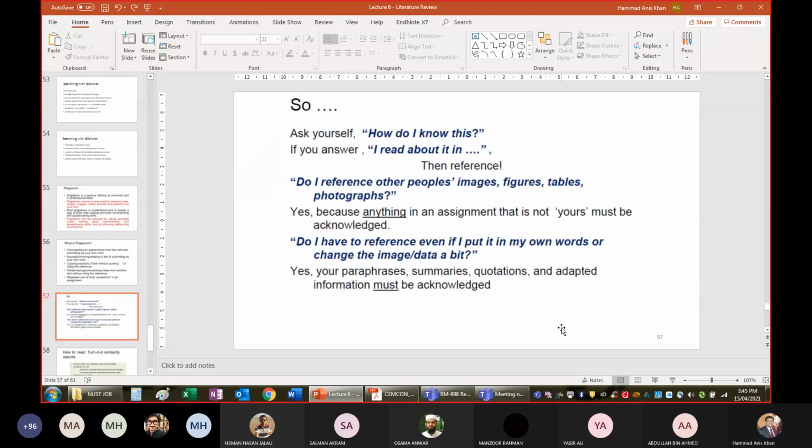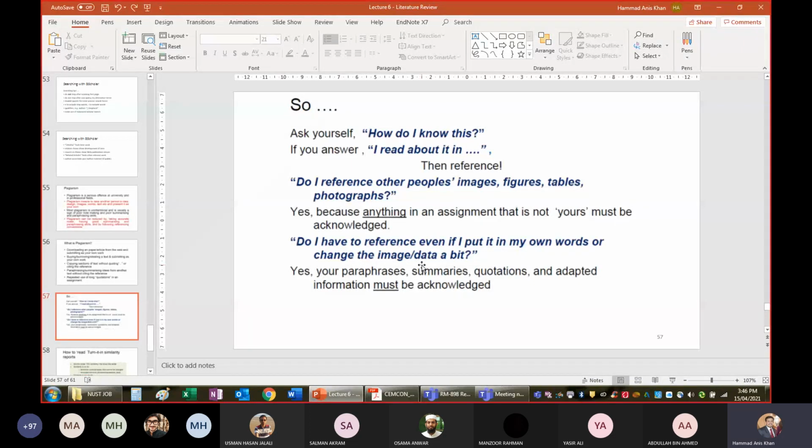So ask yourself, how do I know this? For example, if you read it somewhere, then you have to give the reference from where you have read it. If you have a question, do I reference other people's images, figures, tables, photographs? The answer is yes, because anything in an assignment that is not yours must be acknowledged.